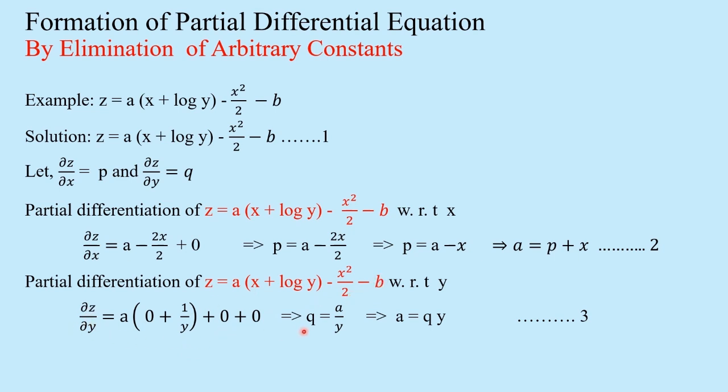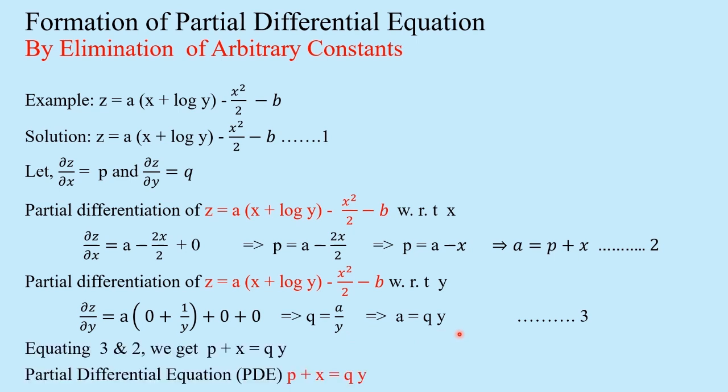So we get q is equal to a by y. So a will be equal to qy. So equating a from 2 and 3, we get p plus x is equal to qy. This is the required partial differential equation.